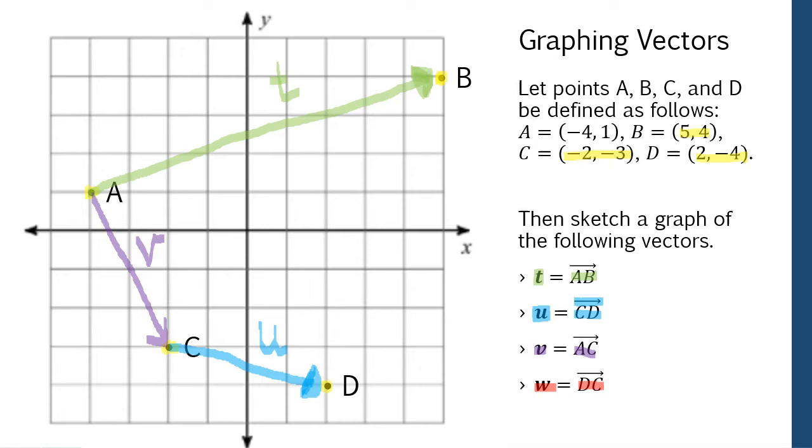So you'll notice here that vector u and vector w are very similar, but they are going in opposite directions.